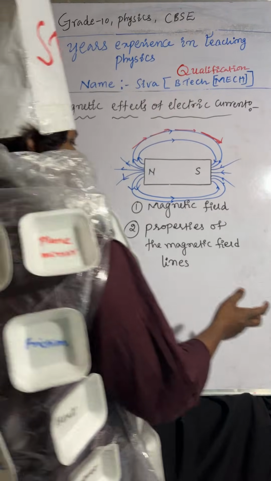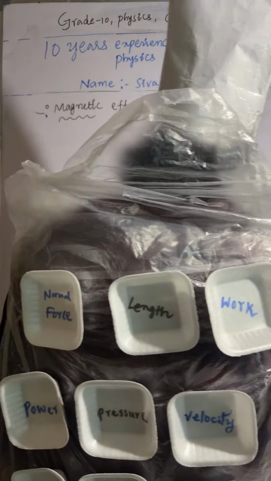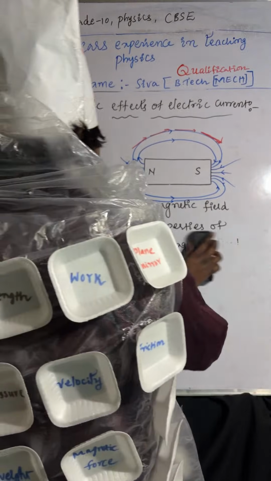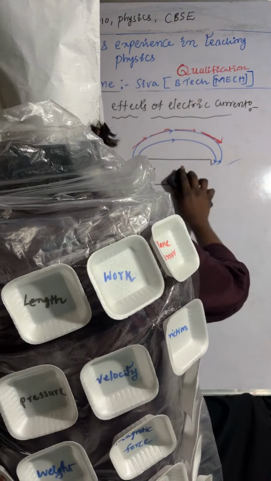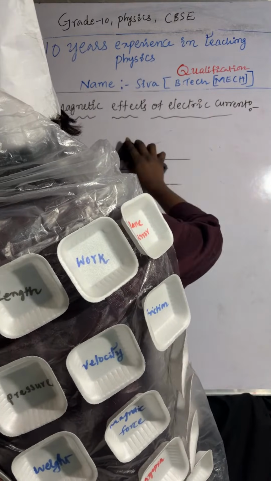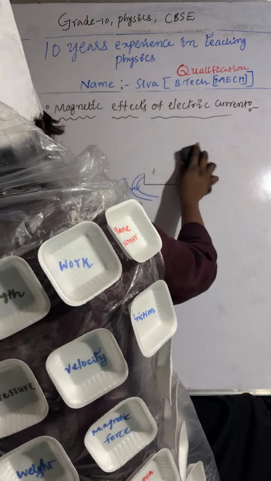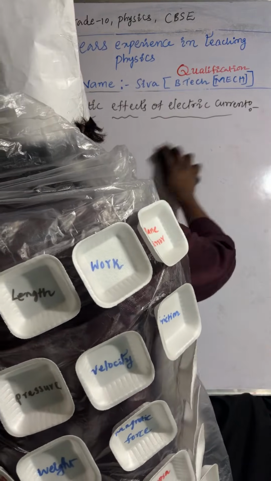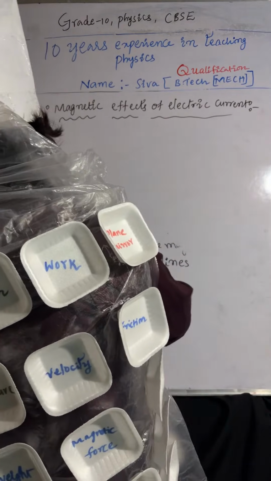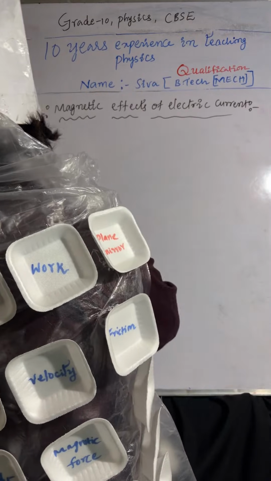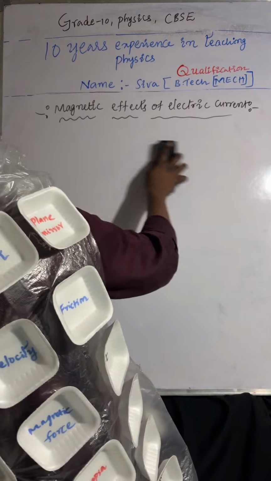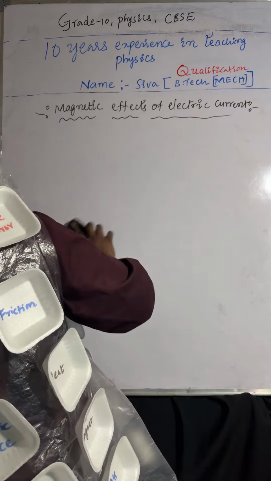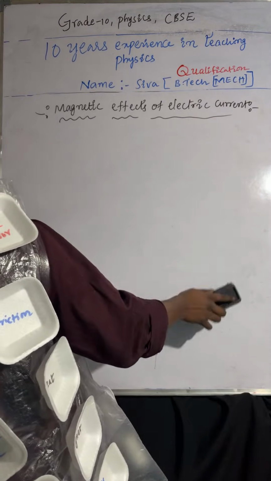So next we'll discuss the current carrying straight conductor, a long straight copper conductor. We discussed magnets until now.